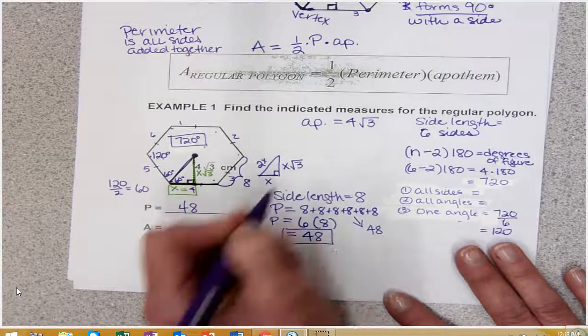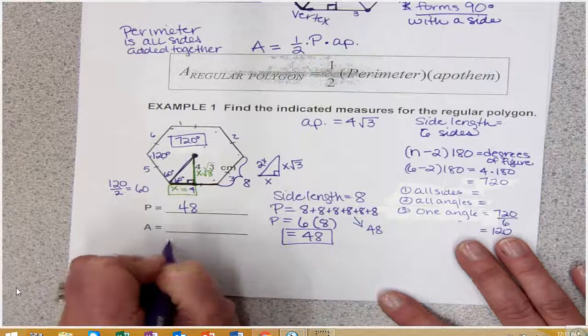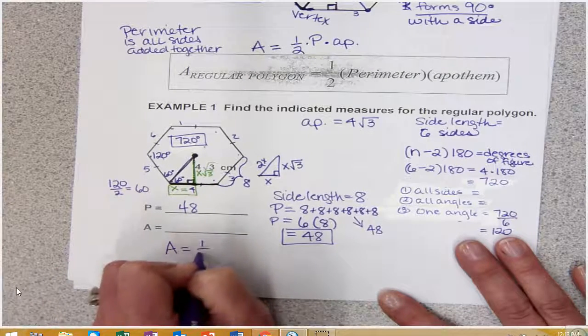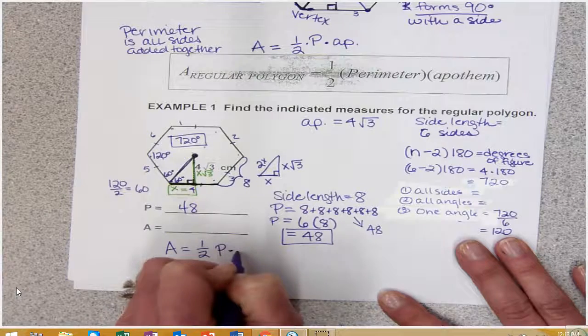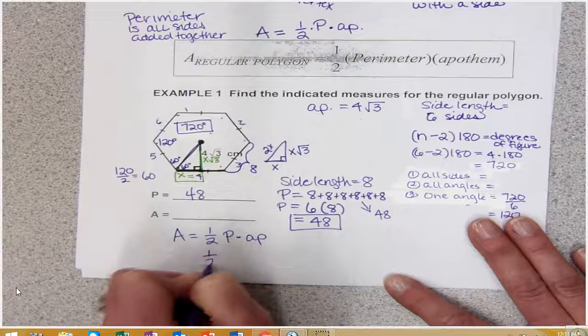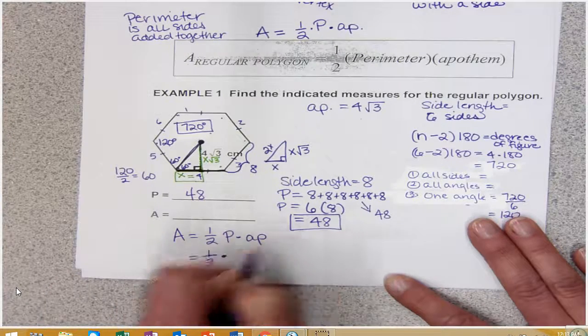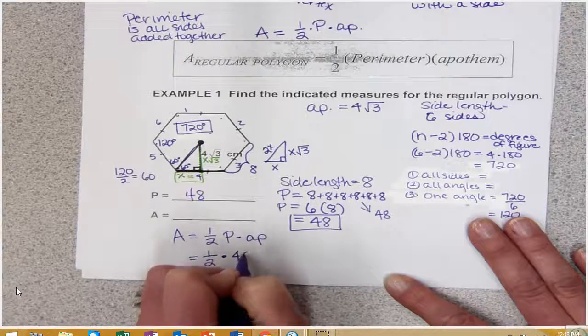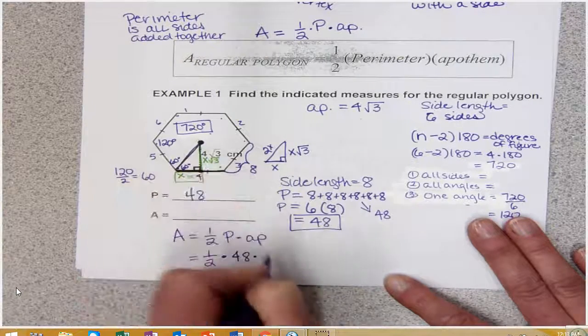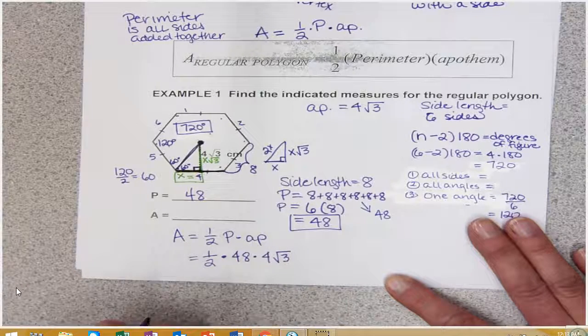Okay, so now I've got my perimeter, and I know that my formula is area equals 1/2 of the perimeter times the apothem. So now I can plug everything in. I plug in 1/2. I plug in my 48 for my perimeter. And I plug in my 4 square root of 3 for my apothem.